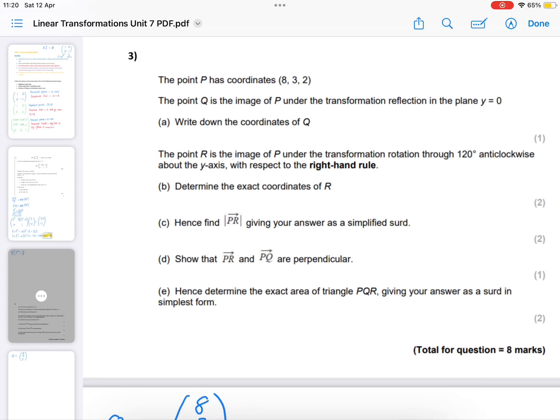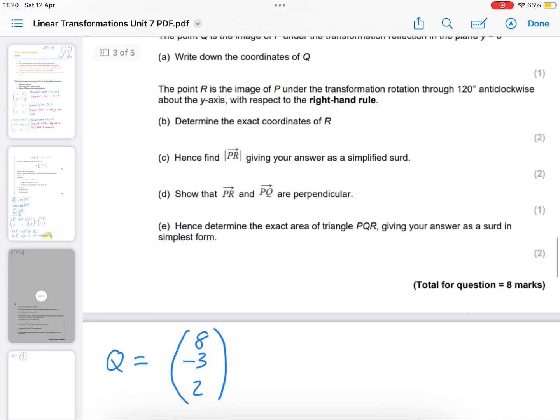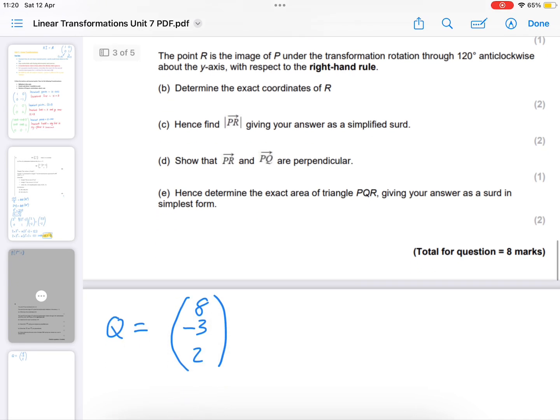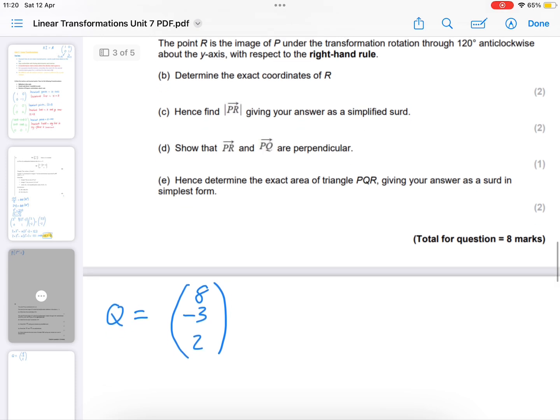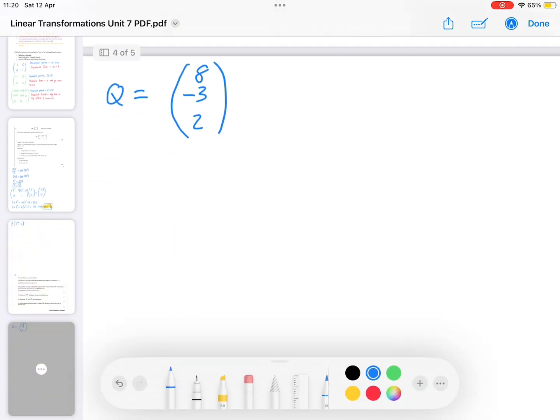Determining the exact coordinates of R then. We're rotating 120 degrees anti-clockwise about the y-axis and then multiplying by P. So the matrix for rotation about the y-axis of 120 degrees is going to be cos theta, so cos 120, and this will be sine 120, not minus sine 120.